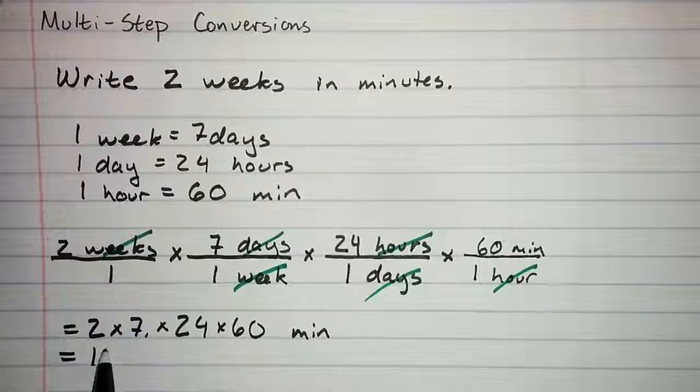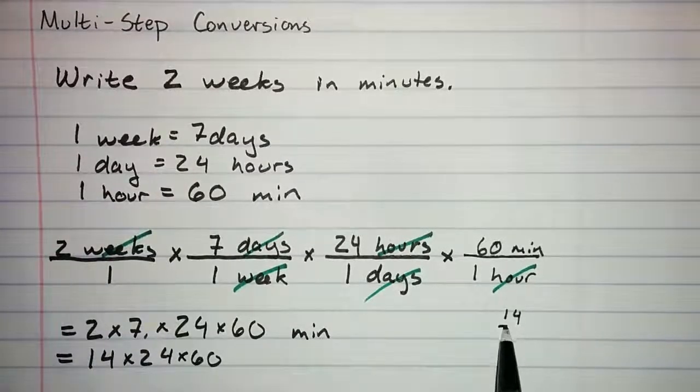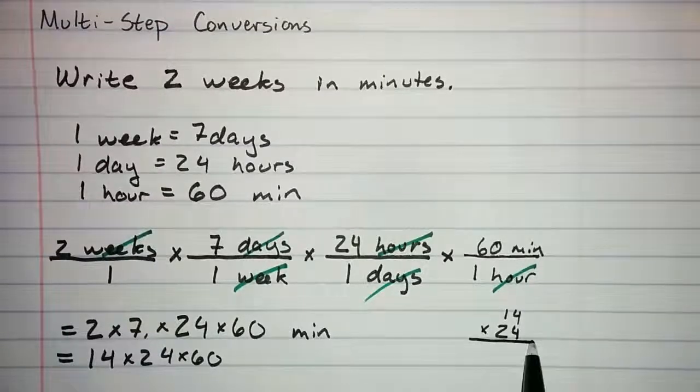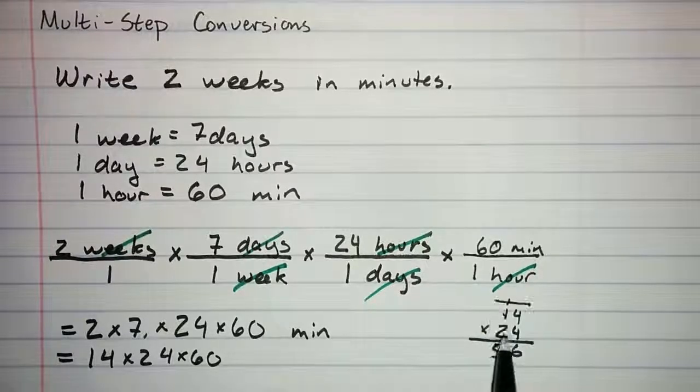2 times 7 is 14. 14 times 24. 4 times 4 is 16. 4 times 1 is 4, plus 1 is 5. 2 times 4 is 8. 2 times 1 is 2.